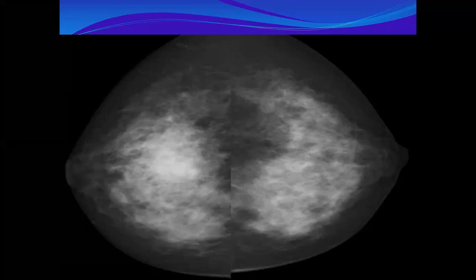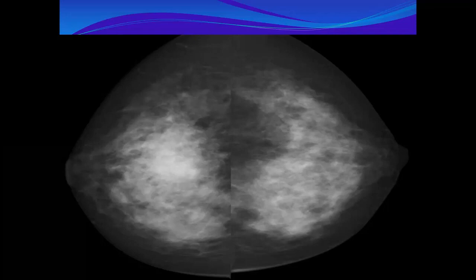Not symmetrical in the right. Do you think there is pathology or not?